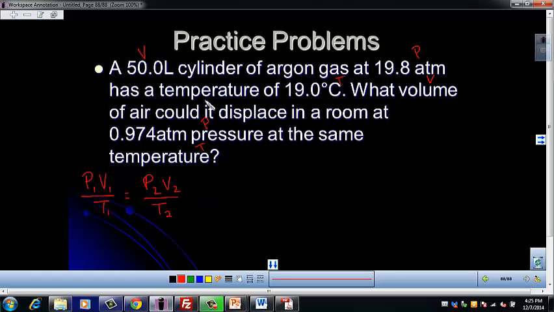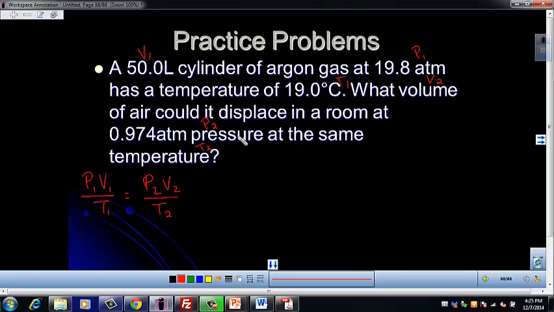The important thing is keeping the right things together. So if you read this, you've got a 50-liter cylinder of argon gas at 19.8 atmospheres with a temperature of 19 degrees C. So if I call this volume V1, I'm going to call this P1 and this T1, which makes this volume 2, the one that we're going to find. This is P2 and this will be T2.